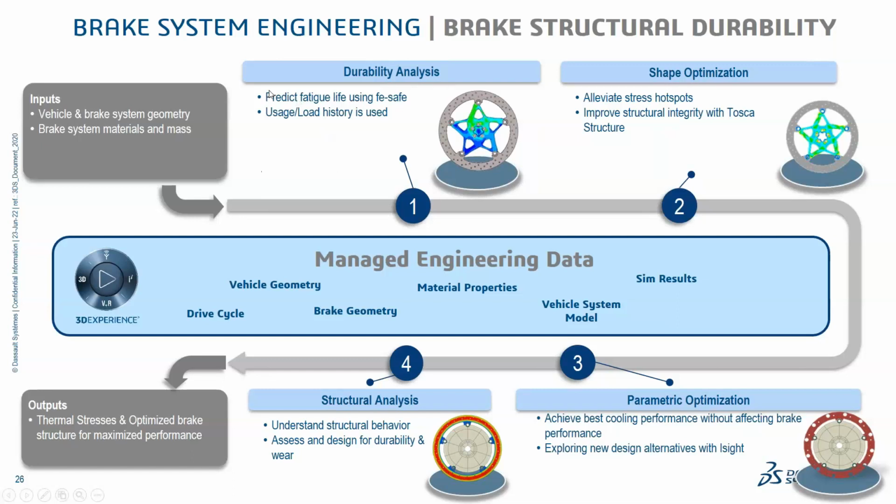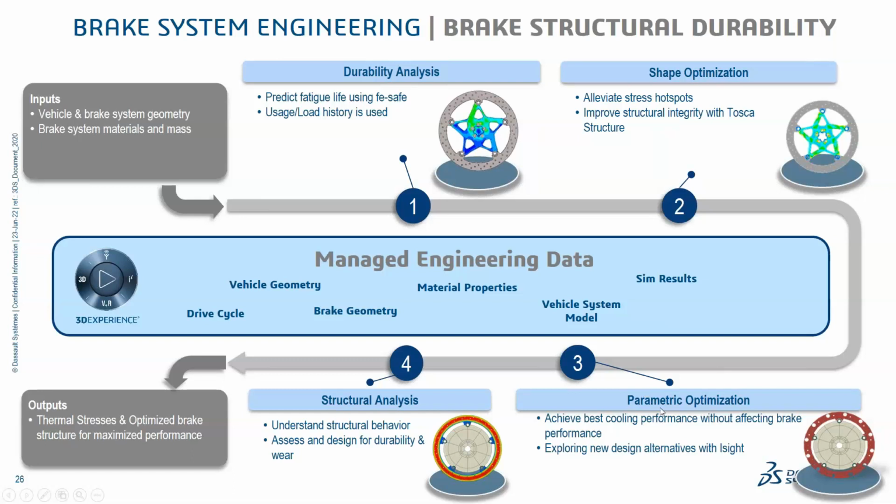In this workflow, we analyze for the life using our fatigue solver or durability analysis and using the load history, and we do a shape optimization to ease out the stress from critical hotspots, which will improve the structural integrity with our non-parametric optimization algorithm called Tosca.